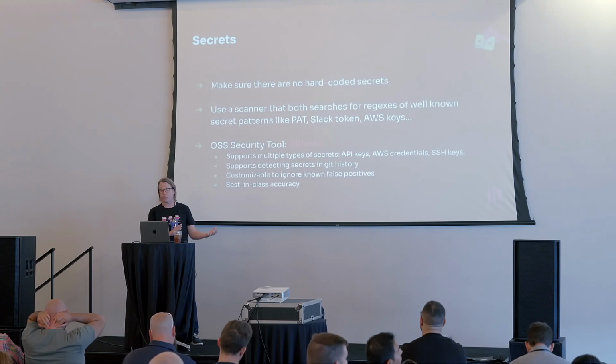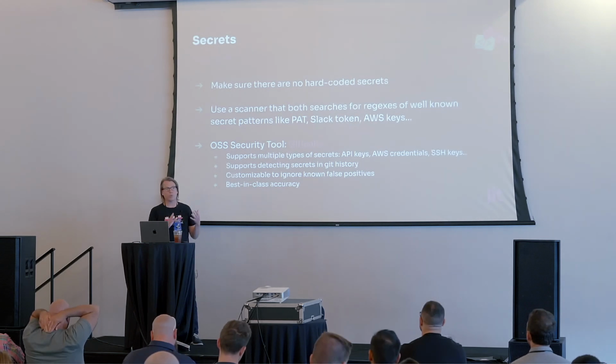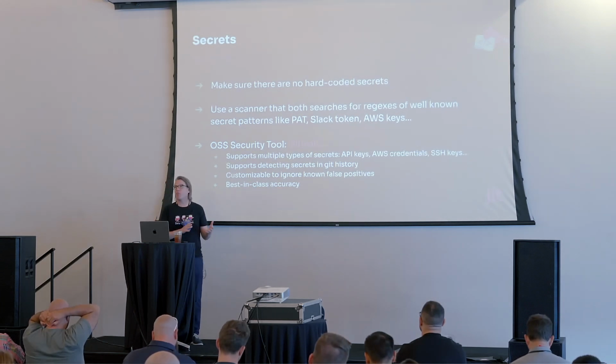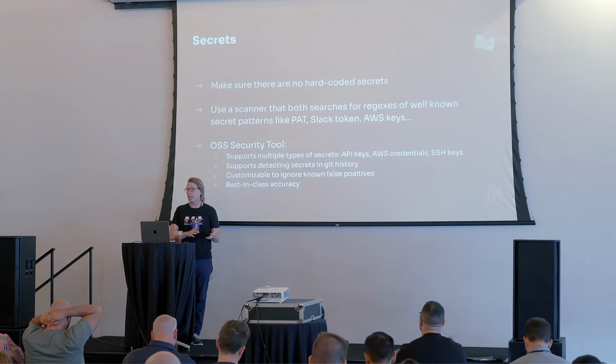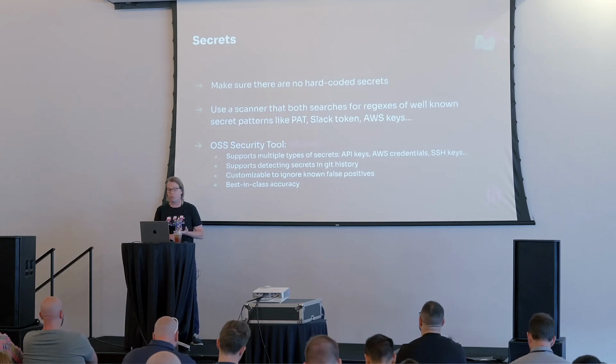Back to open source, Gitleaks we found was a fantastic tool that found the most real secrets and the fewest false positives in our environment. It supports many different types of secrets, API keys, AWS credentials. It also scans your Git history, not just your current code.